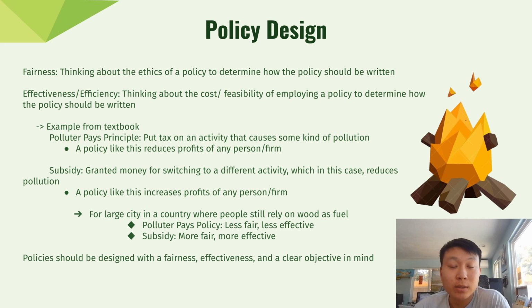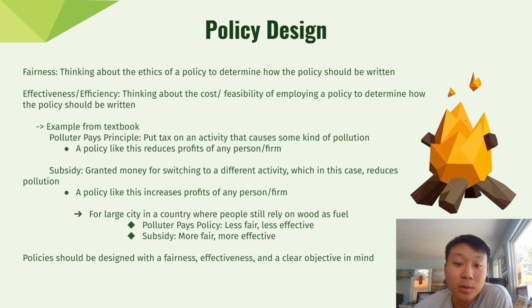Next, we have fairness. Thinking about the ethics of a policy determines how the policy should be written. And we also have effectiveness or efficiency, which is thinking about the cost or feasibility of employing a policy to determine how the policy should be written. Here's an example from the textbook. We have the polluter pays principle, which is to put a tax on an activity that causes some kind of pollution.